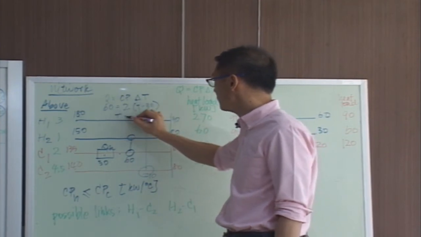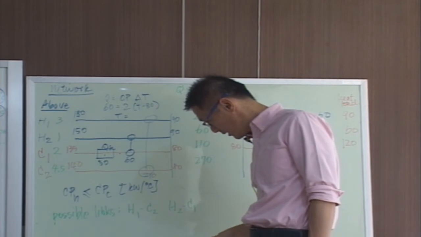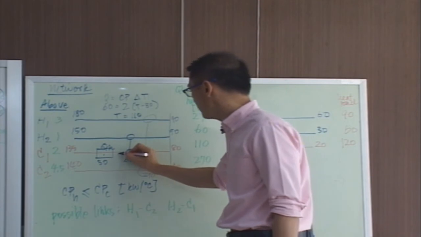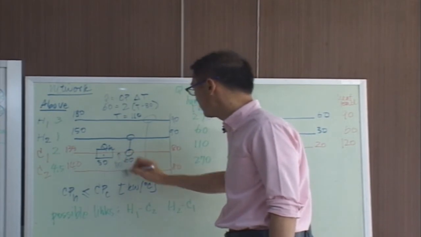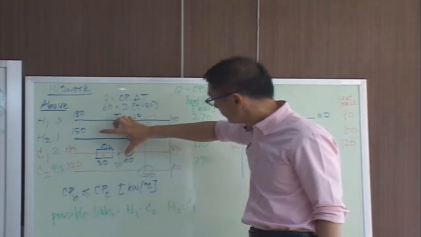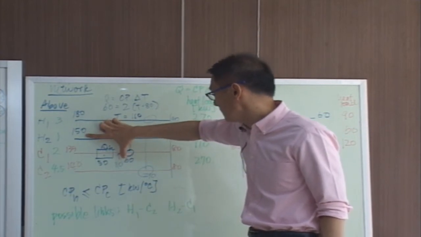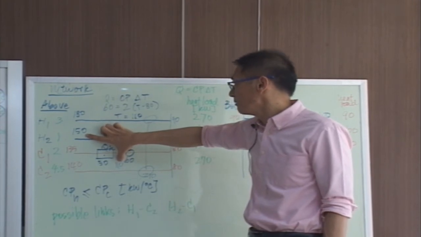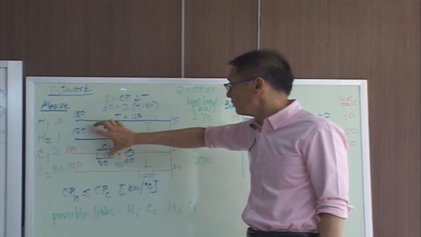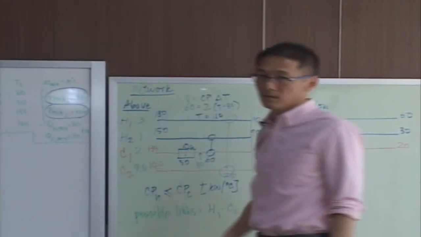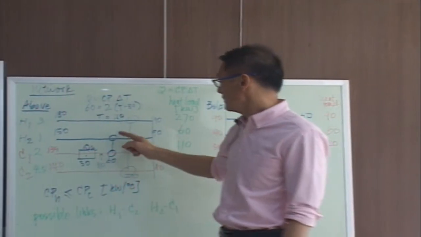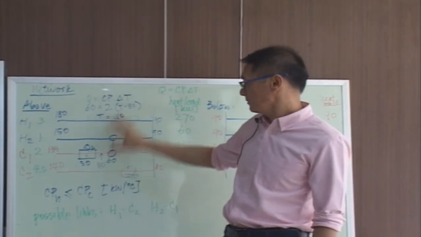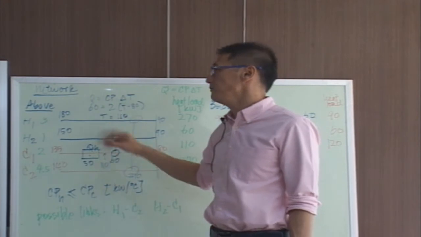So the temperature will be equal to 110. Right, there it is 110. So for the inlet of the hot stream and outlet of the cold stream, the gap of this temperature is higher than the minimum temperature gap. So this heat exchanger is possible as well. So it looks like the above pinch is fine.